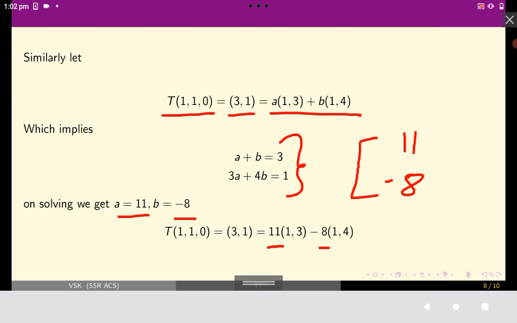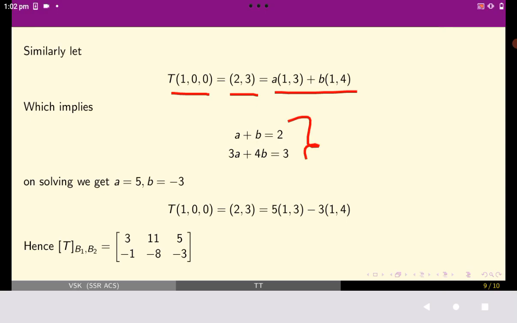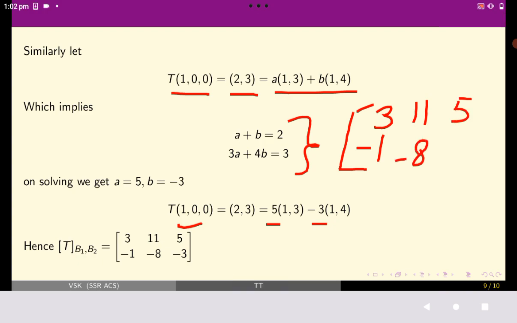Let us see the third one, T(1, 0, 0), that will become (2, 3). Its coefficients we'll write like this, and again we'll solve and get 5 and minus 3. So 5 and minus 3 become the third column. So the matrix will become 3, minus 1 as the first column, 11, minus 8 as the second, and the last is 5, minus 3. Like this, the matrix is formed.